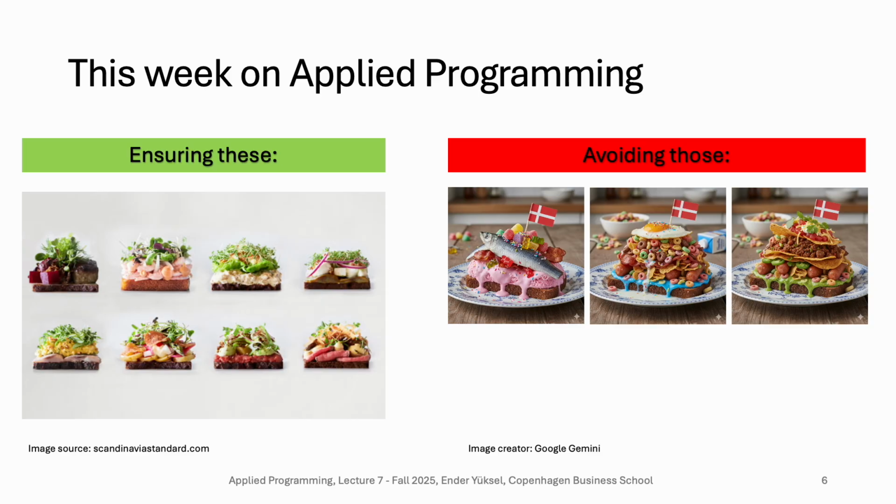So for example, the first one has ice cream at the bottom, and then there's fish on the top, and you can see that one can also create these combinations, but these are not the combinations that we would like to have.